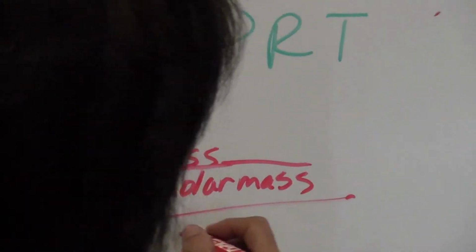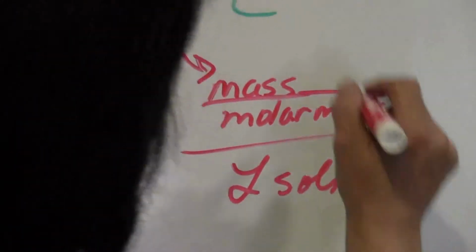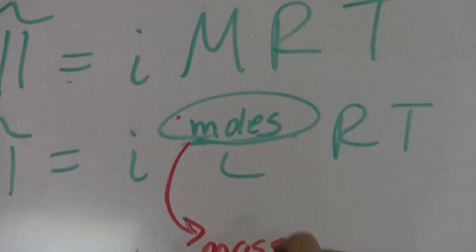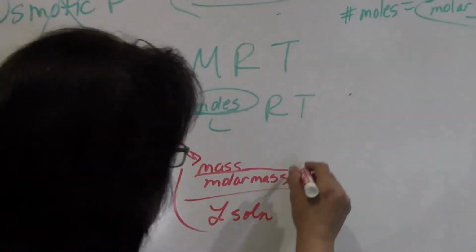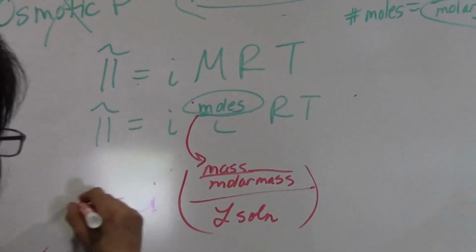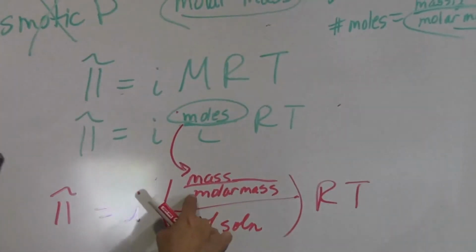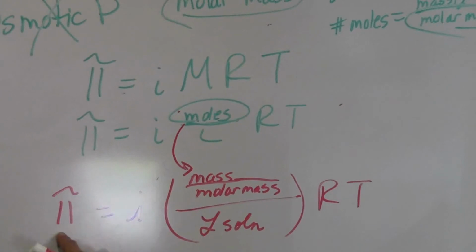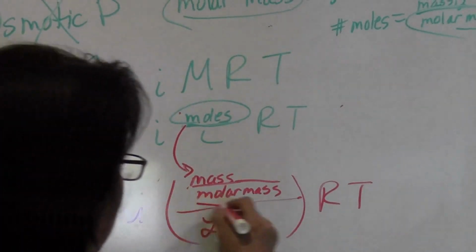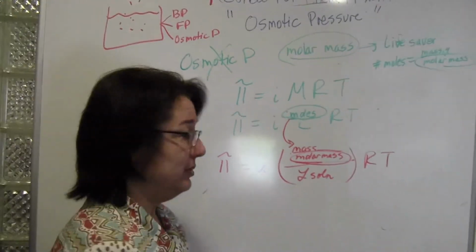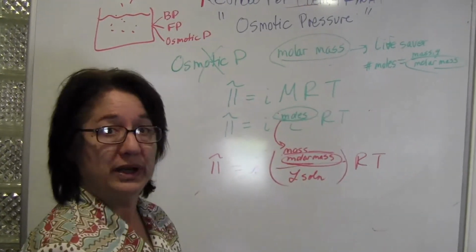And that whole thing is divided by liters of solution. That's what we started off as molarity, and step by step, we didn't give up or panic. We kept going and playing with our formula until we figured out how to get molar mass. So you plug all your numbers in, and the only difference is, at the end of this pain in the neck problem, you're going to solve for molar mass.